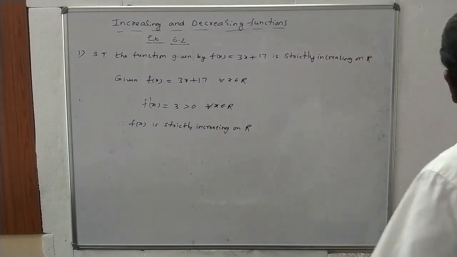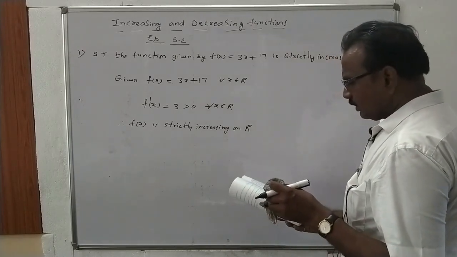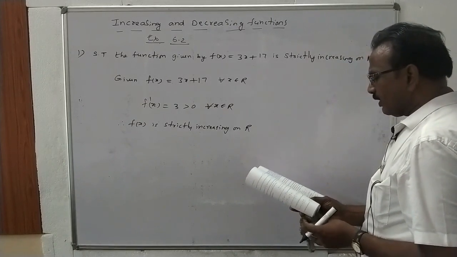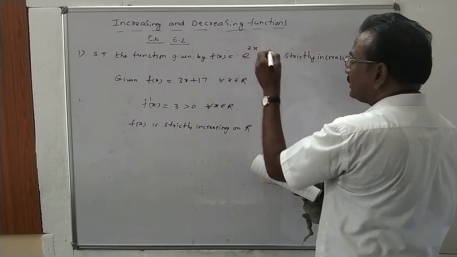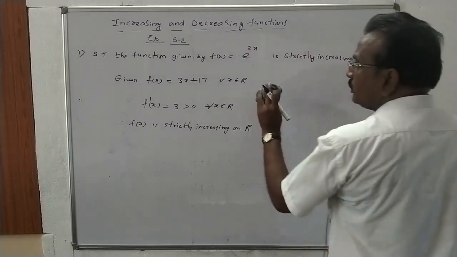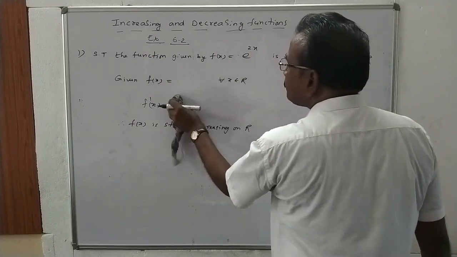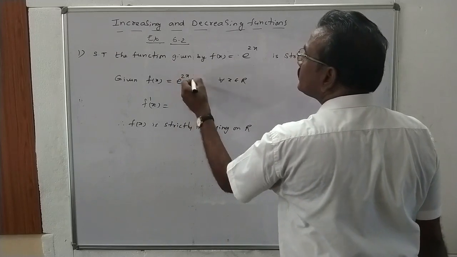Next, question number 2. Show that the function given by f of x is equal to e power 2x is strictly increasing on real numbers. Your given function is f of x is equal to e power 2x.